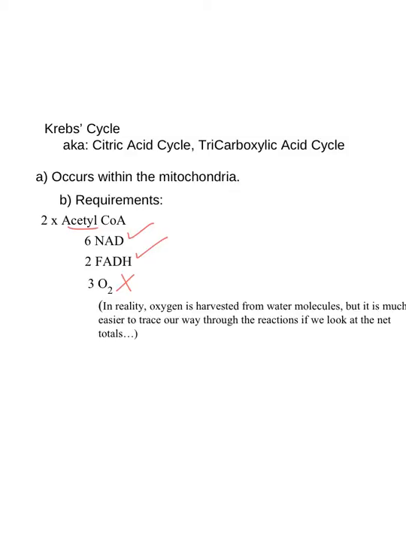So we don't really have to input pure water or pure oxygen. However, if you want to see what's going on molecule by molecule, it's easier to see if you just trace the oxygen. So you'll just have to trust me on this.